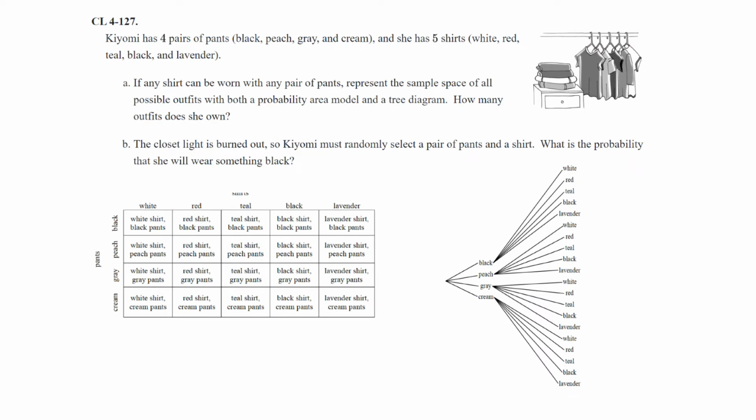Question 127. Kiyomi has 4 pairs of pants, black, peach, gray, and cream, and she has 5 shirts, white, red, teal, black, and lavender. If any shirt can be worn with any pair of pants, represent the sample space of all the possible outfits with both a probability area model and a tree diagram. How many outfits does she have?